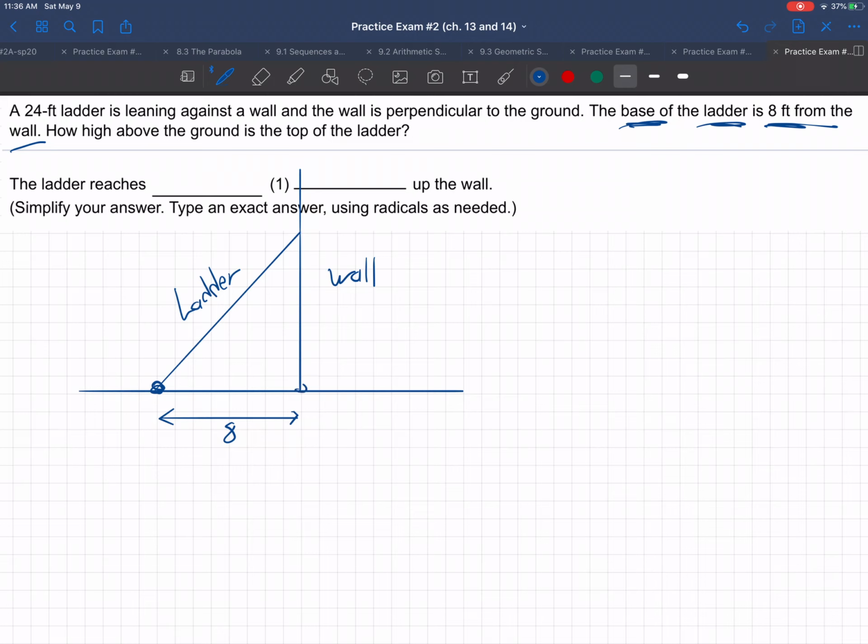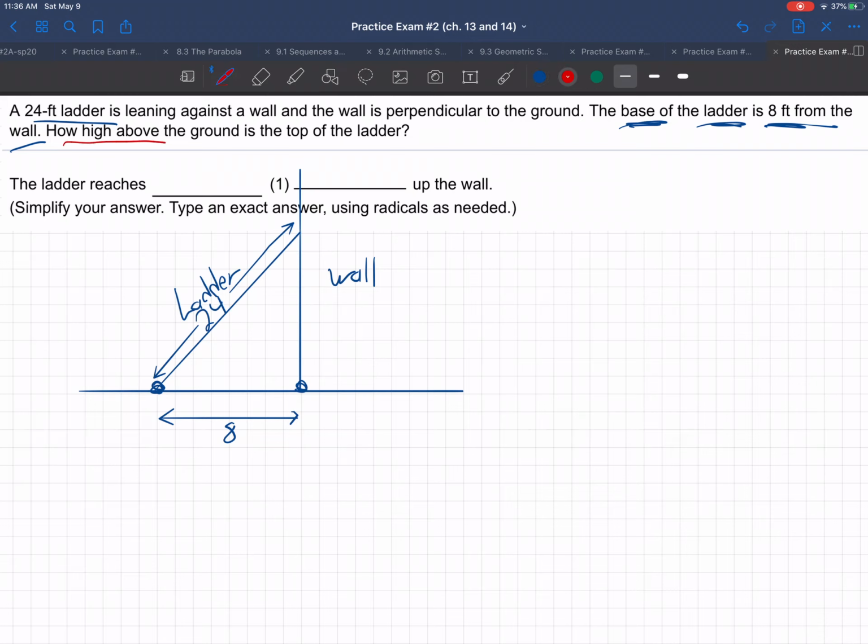Base of the ladder from the wall. It's a 24-foot ladder, so that means this must be 24 length that way.